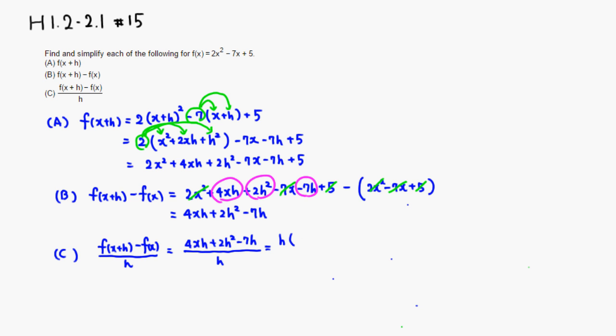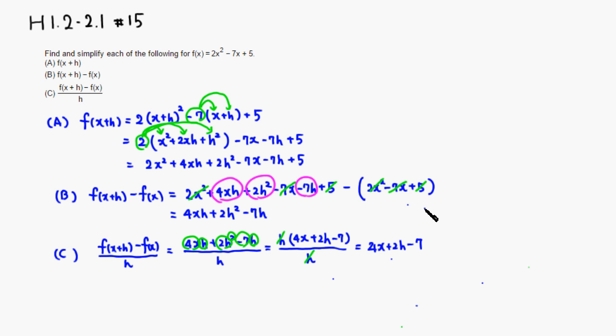If you factor h out from here, you have 4x left. If you factor h out, you have 2h left, so plus 2h. If you factor h out, you have negative 7 left. And then divide by h. Since you have a common factor on top and bottom, which is h, you can cancel them out. So what's left is 4x plus 2h minus 7.